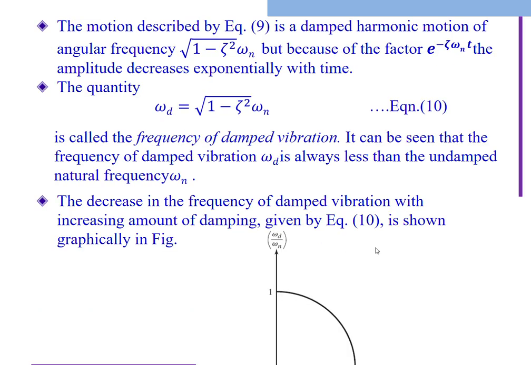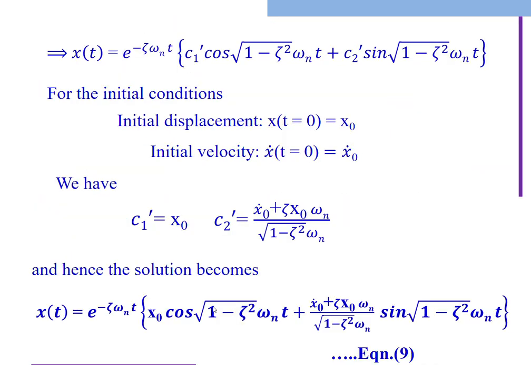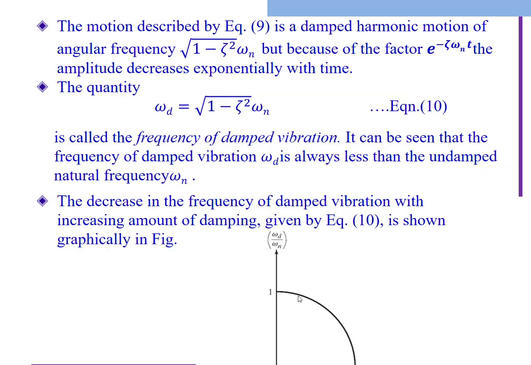This is regarding the underdamped system. If you see here, the motion described by equation 9 is a damped harmonic motion of angular frequency square root of 1 minus zeta square into omega n. These two angles, theta, we take as angular frequencies.